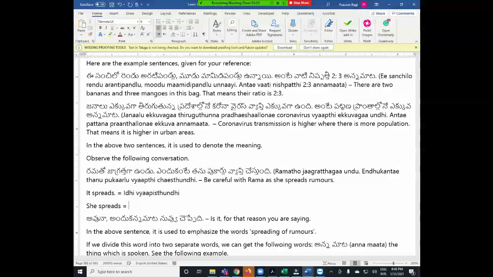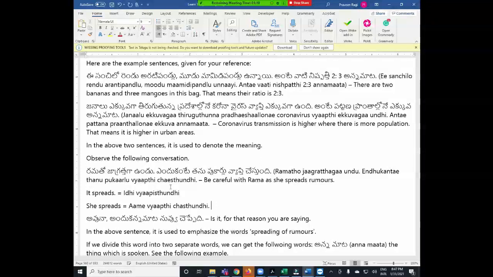But this word spreads, when we use it with people like he, she, it becomes ఆమె వ్యాప్తి చేస్తుంది. Here you need to understand the difference. వ్యాపిస్తుంది if it is spreading itself, and if the person is spreading something, we need to use this meaning. ఆమె వ్యాప్తి చేస్తుంది. What will she spread?